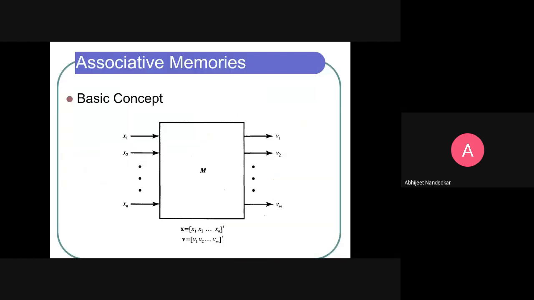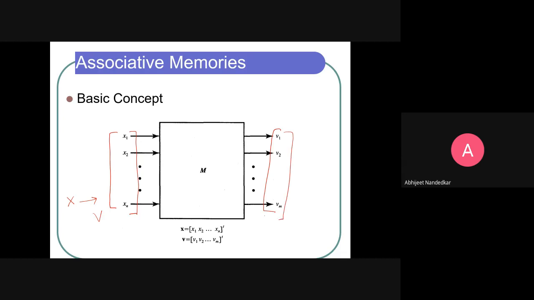Then the next point we are going to cover is associative memories. So this is similar to our brain memory. The basic concept is I will be supplying you a vector x as input, and that vector x will be mapped to vector v as output.